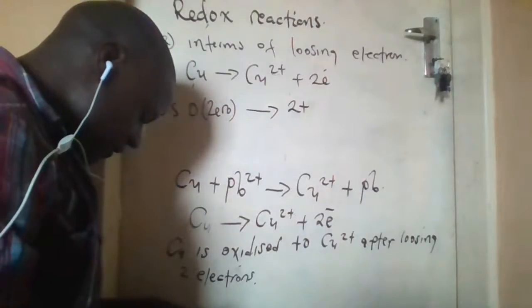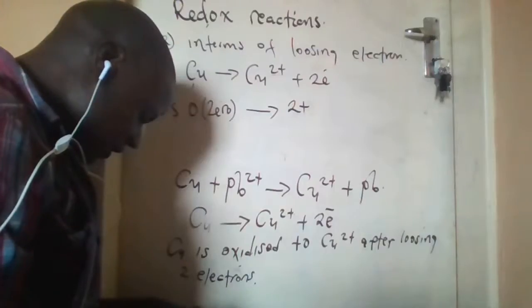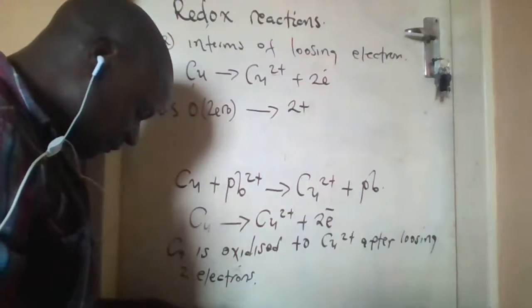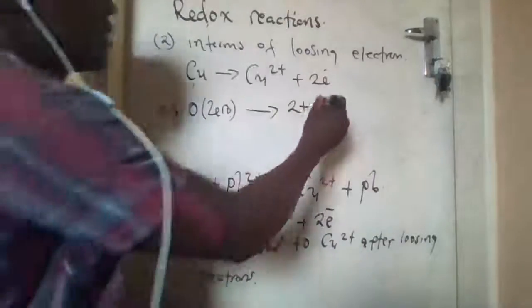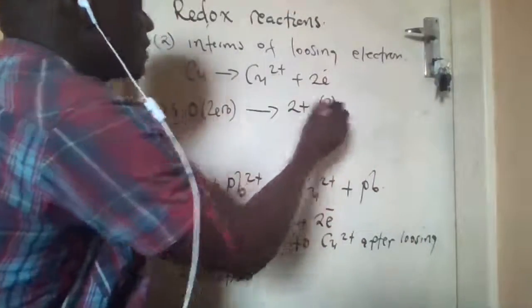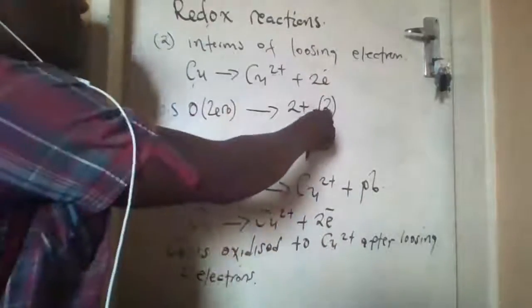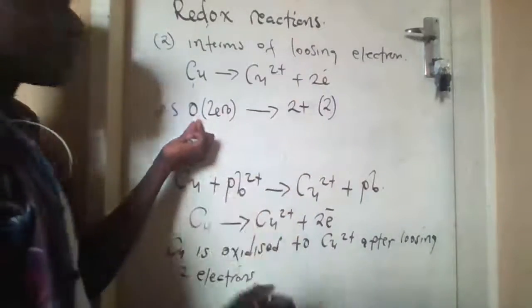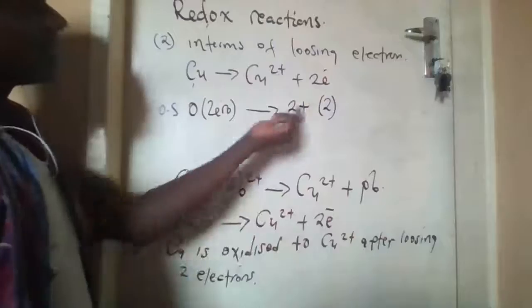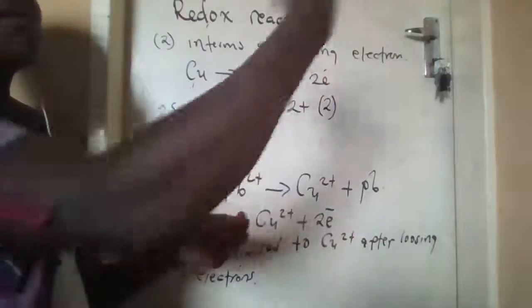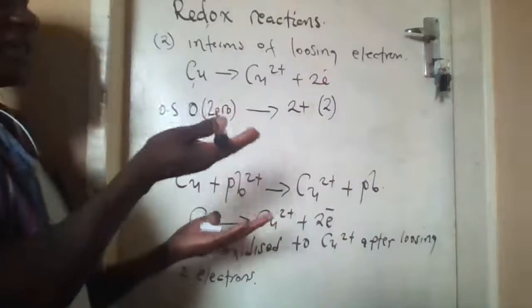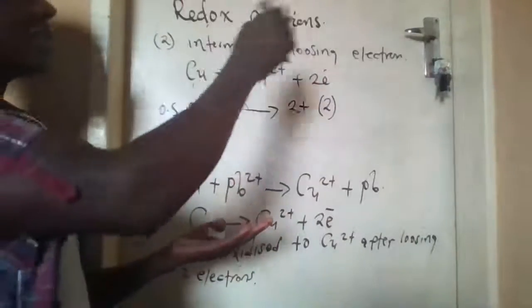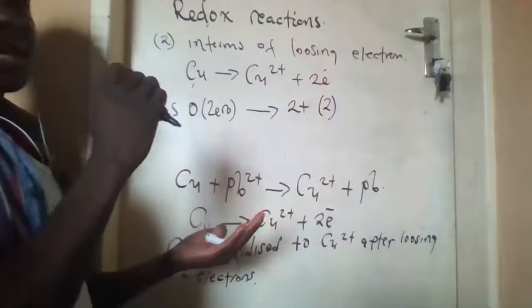So what can we say about that? What we can say is that the oxidation state has increased from 0 to 2, because the charge here is 0 and then there is 2. When you have 0 kwacha, you don't have anything. But when someone gives you 2 kwacha, you have gained, because there is an increase in the amount that you have. And we are saying that the increase in oxidation state defines the oxidation.